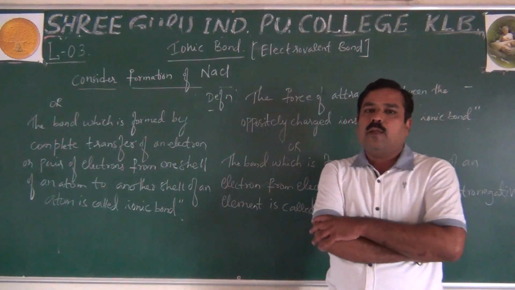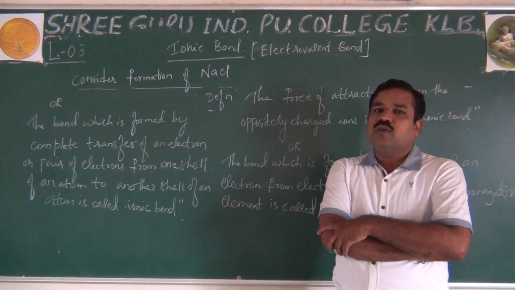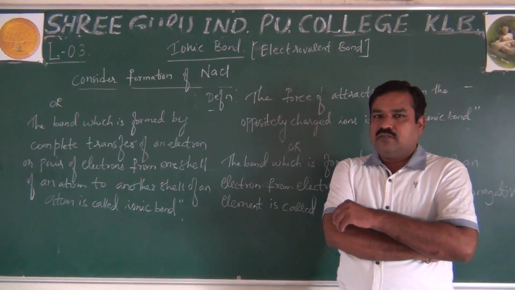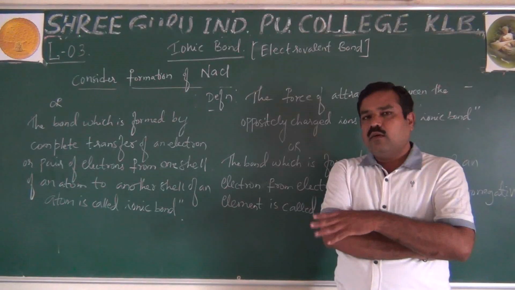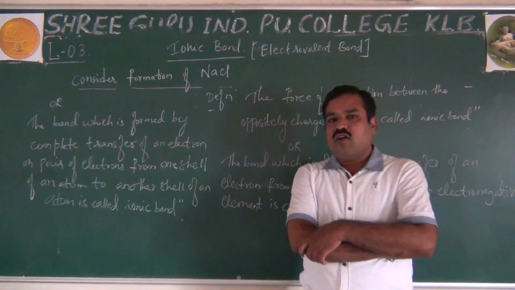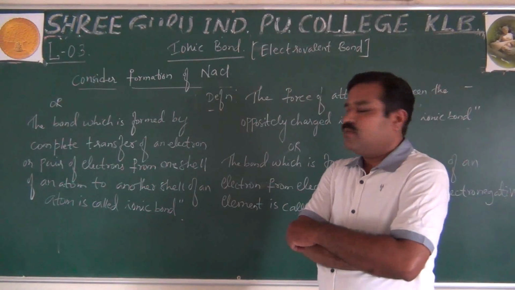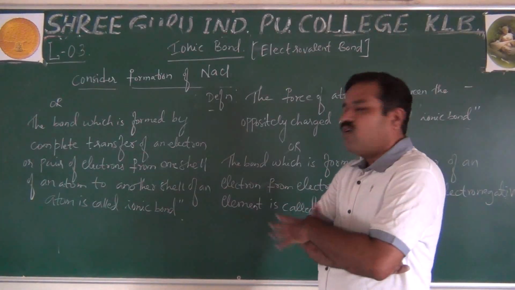I'll repeat once again. If they ask you for 2 marks in theory, take the example of sodium chloride. Consider sodium chloride, write the electronic configuration, ground state, then losing electron to form Na plus and gaining to form Cl minus. Okay, that carries 1 mark. Then the definition: the bond which is formed by transfer of an electron from electropositive element to electronegative element is called ionic bond.